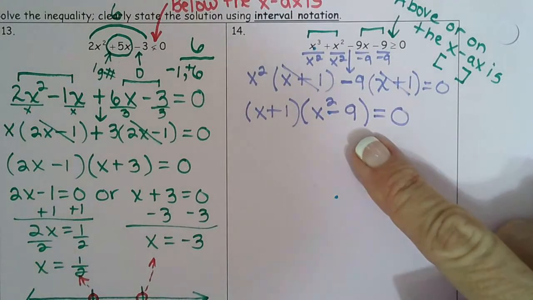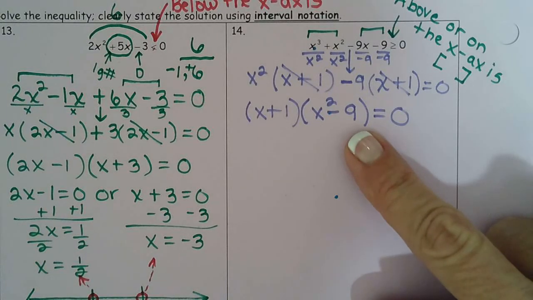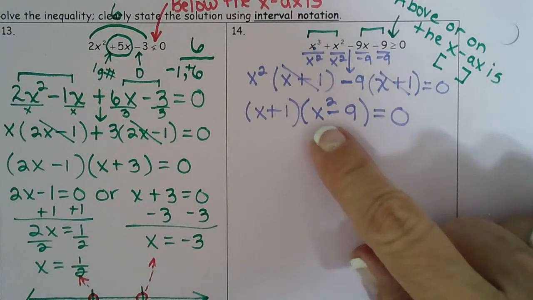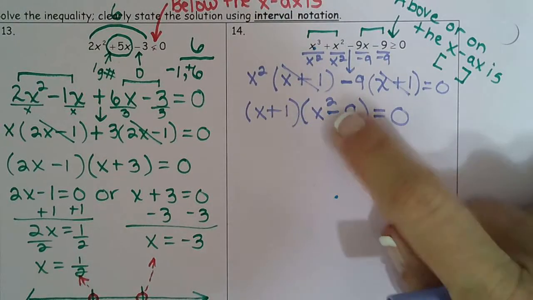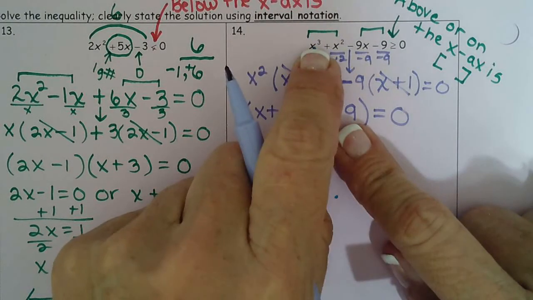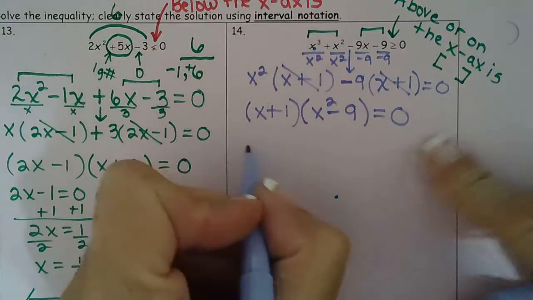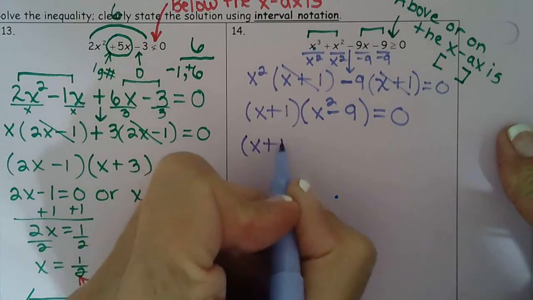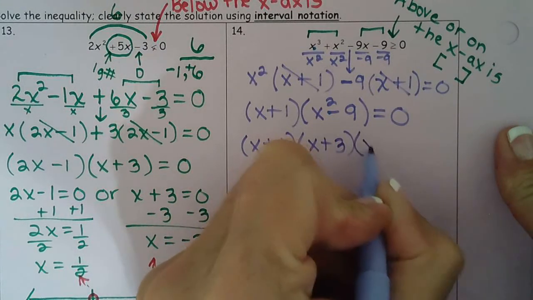And just like the video that we did of this in 7-6, that should make you think here. What is that? A difference of squares. So this one factors again, because aren't we going to have 3 solutions? Yep. So x plus 1, x plus 3, x minus 3.